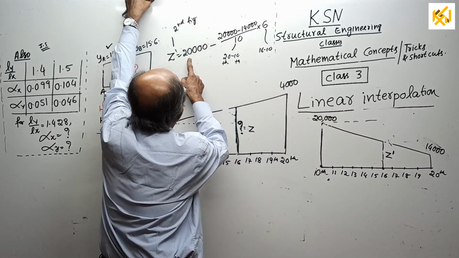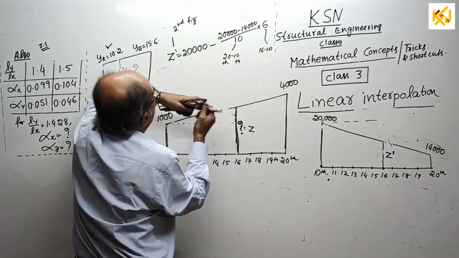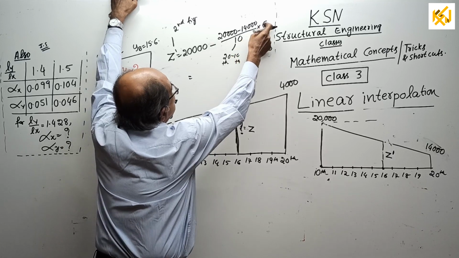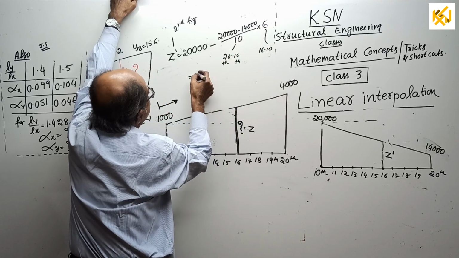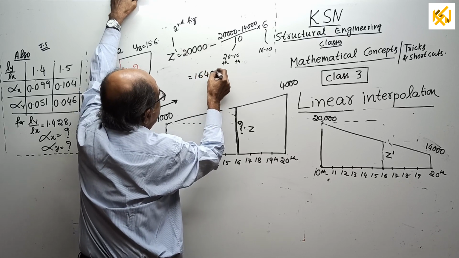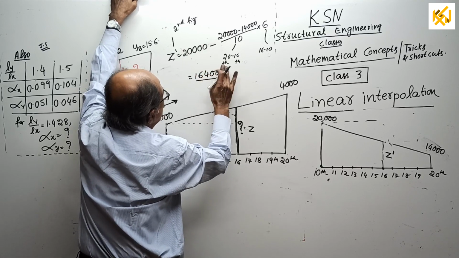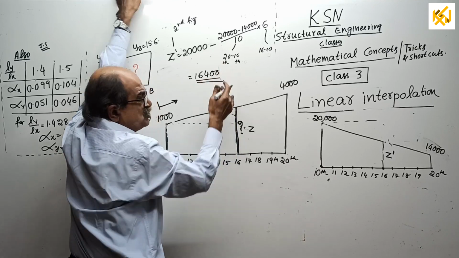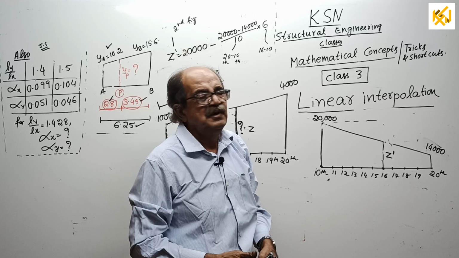That you subtract from 20,000. Okay, the answer will be 6,600, 3,600, then it is 16,400. If by chance it is wrong, there is an extra 0. Okay, 16,400. I think it is correct. Suppose it is wrong, don't bother. Correct.